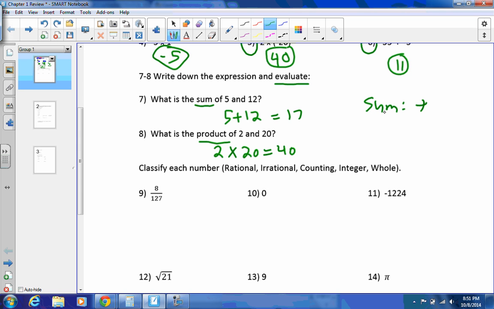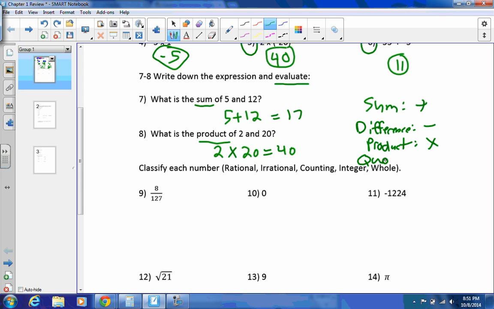So sum is addition, difference is subtraction, product, we just said, is multiplication. And then the fun one is quotient. Quotient is for division.